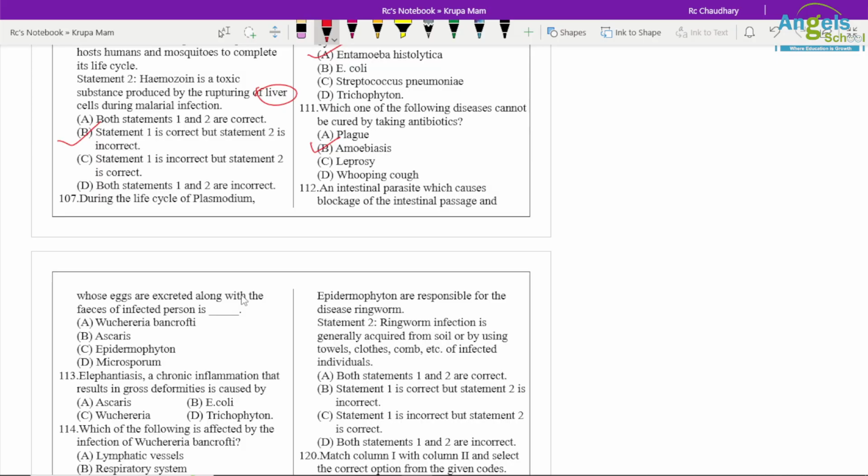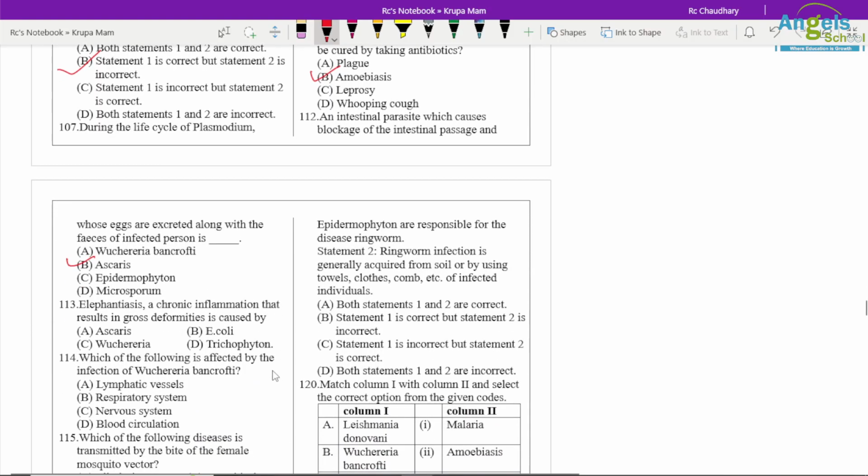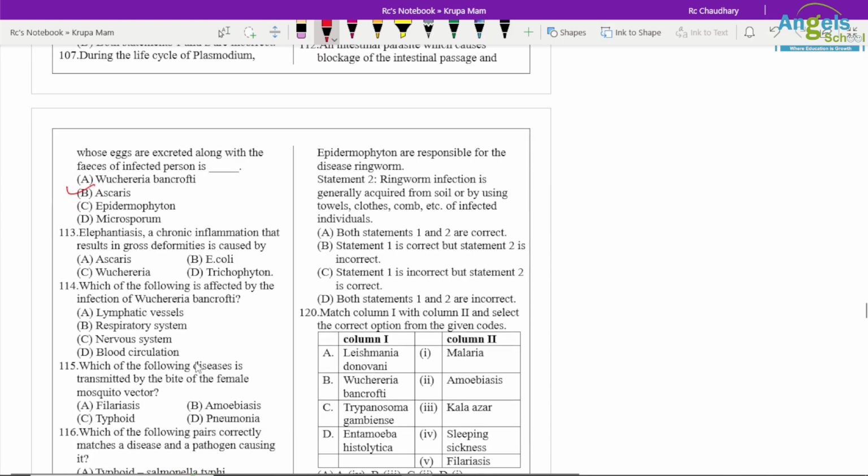So ascariasis के features हैं ये. Elephantiasis, a chronic inflammation that results in gross deformities, is caused by Wuchereria, a filarial worm. Which of the following is affected by infection of Wuchereria? So lymphatic vessels are affected.